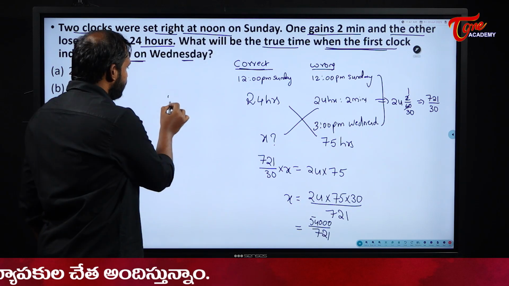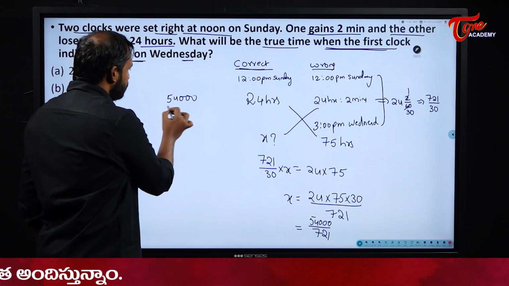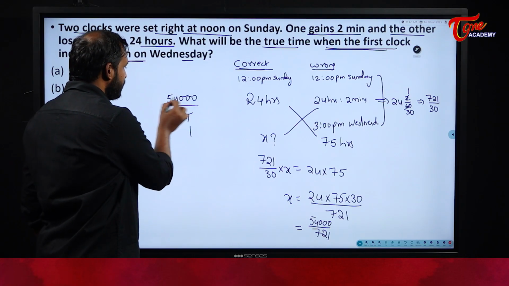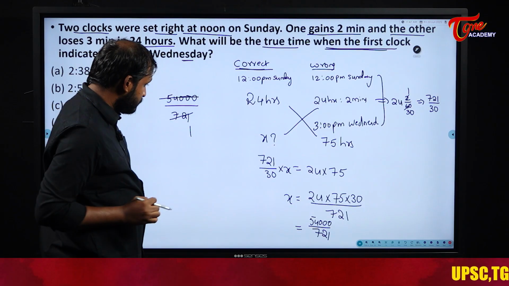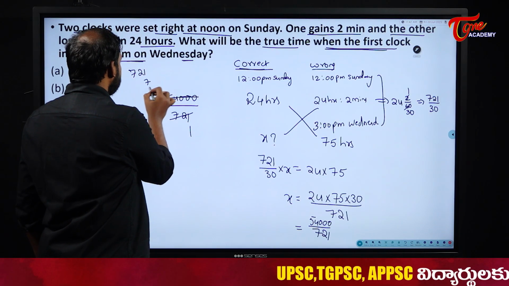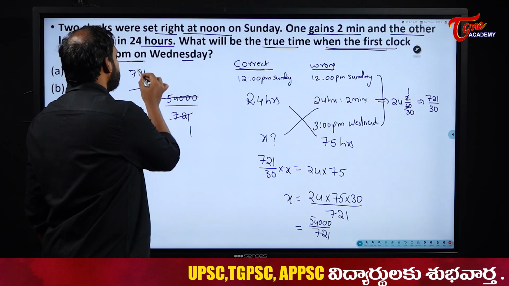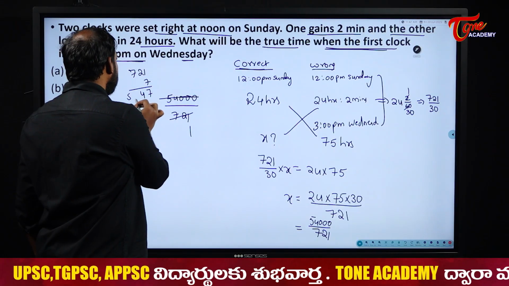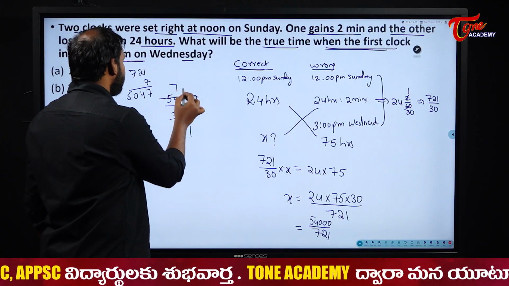So, 54,000 by 721. 721 ones are 721. 7s are 5047.